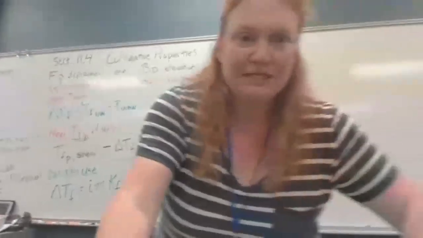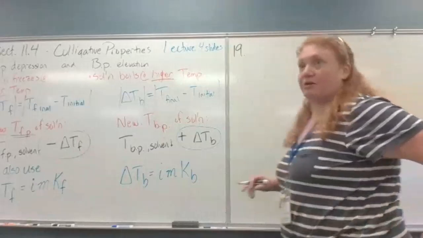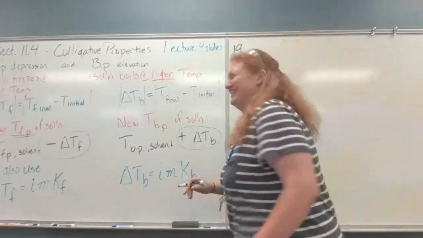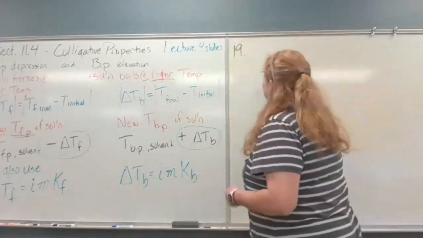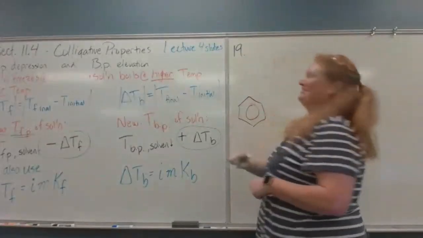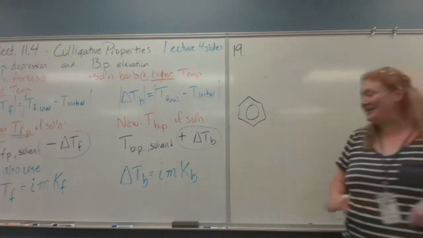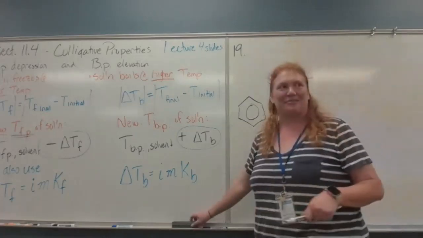We're dissolving in this compound called benzene. Benzene is very dangerous for you, and we use it all the time in organic chemistry. If you want to know what benzene looks like, it looks like this. You're like, that's not a compound, but it is. It's a way we draw organic compounds.